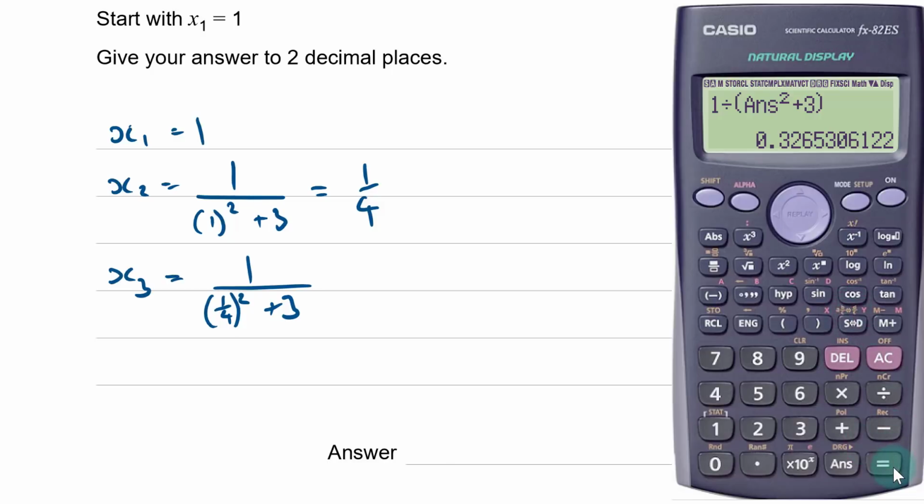I'm going to write these down to 3 decimal places, one more than they're asking me to, so I can see when it's settled down. So this is 0.327. Okay, and then if I want x4, I just need to press the equal button again. That gives me 0.322 to 3 decimal places.